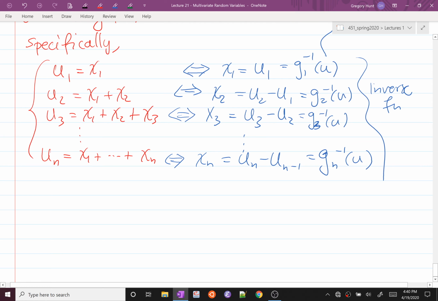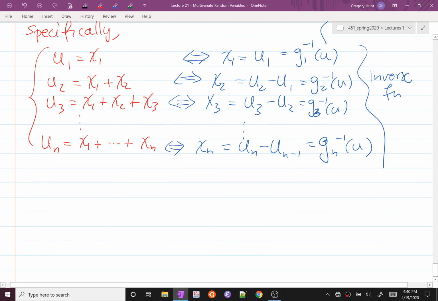And I have to now get my Jacobian matrix. So remember that if I call J my Jacobian matrix, it is the derivative of the inverse with respect to these u's. So this is an n by n matrix now.